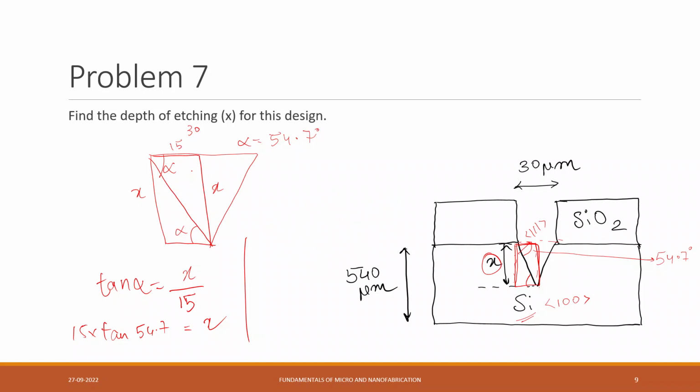So tan 54.7 is 1.141 into... it will be essentially 21.19. Okay, so we'll go to the next one.